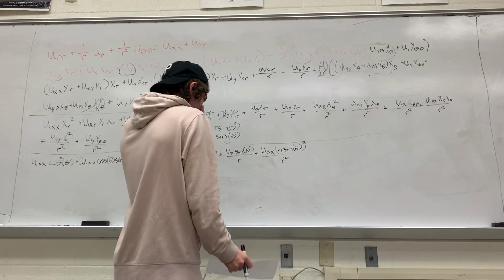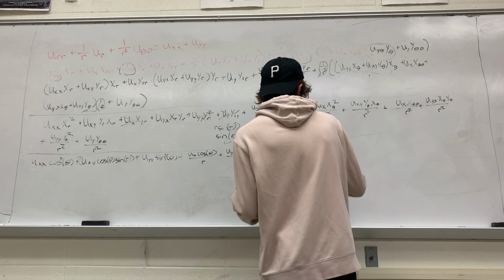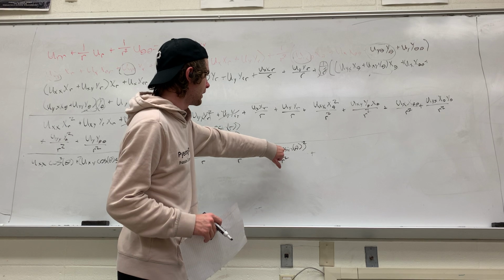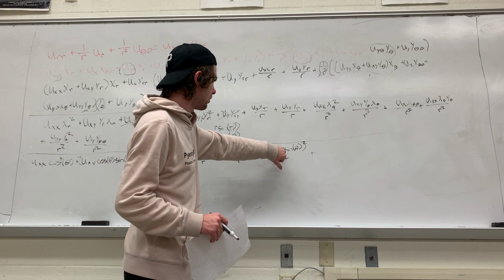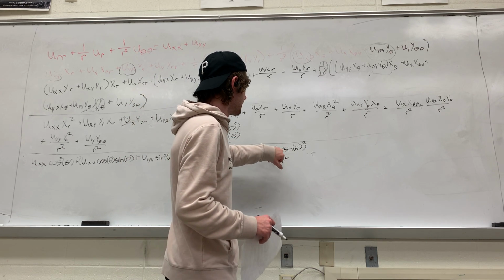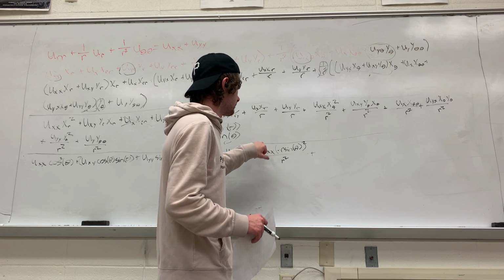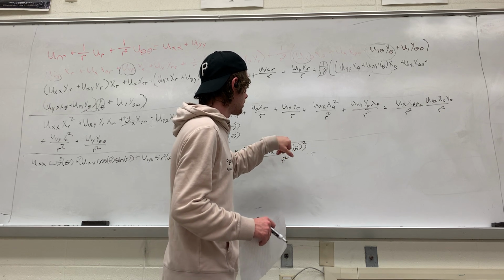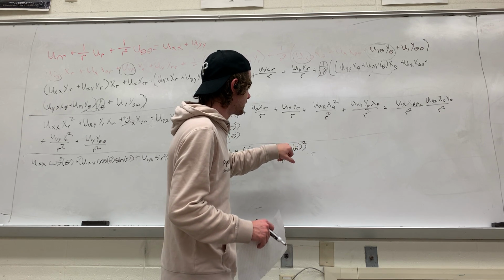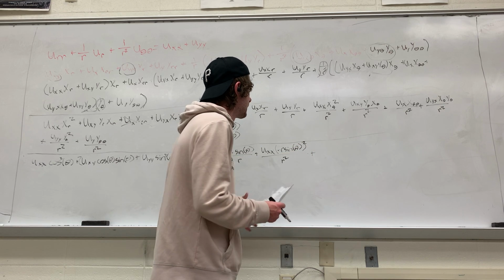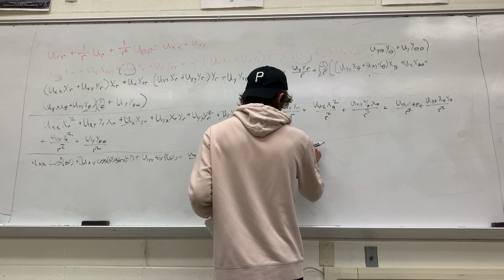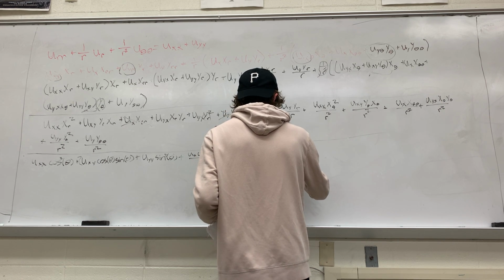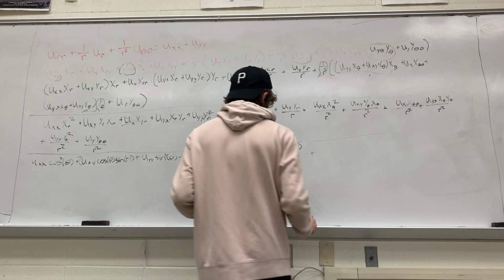So then, since this is squared, it's really negative r squared times, so it's the derivative with respect to x twice times negative r squared times the sine of theta squared. So we can really just take this out right here, and boom, squared, squared.